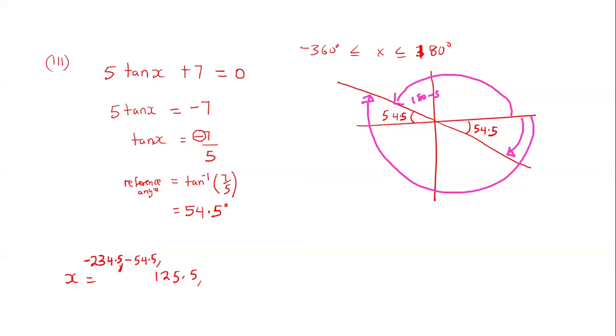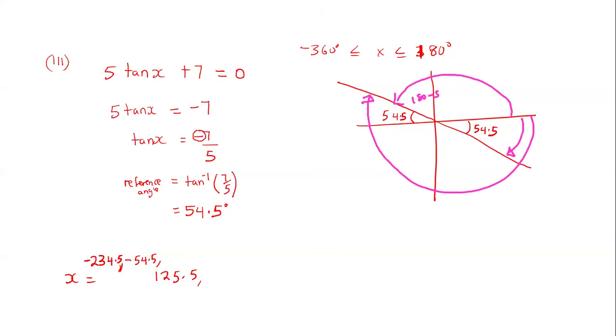So teacher, meaning if I get the reference angle and I have the negative, even if I don't put the negative, it's fine? Yes, the negative just shows you the quadrants. Like I said, your reference will always be positive.